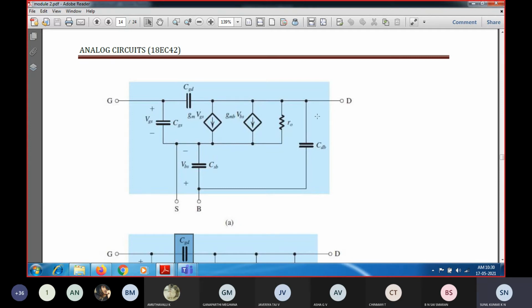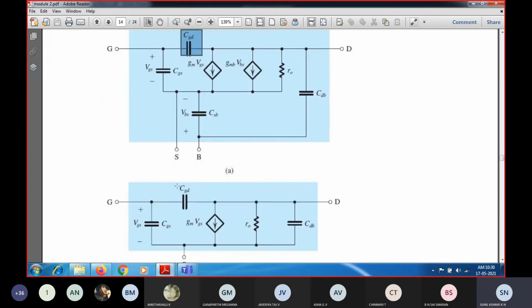So between drain and gate we were not having any feedback path. But now with the internal MOSFET capacitance effect, you can see this CGD, that is the gate to drain capacitance, which is going to connect a path between the gate terminal and the drain terminal.